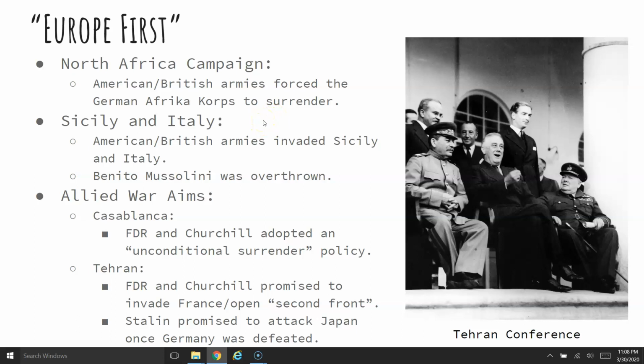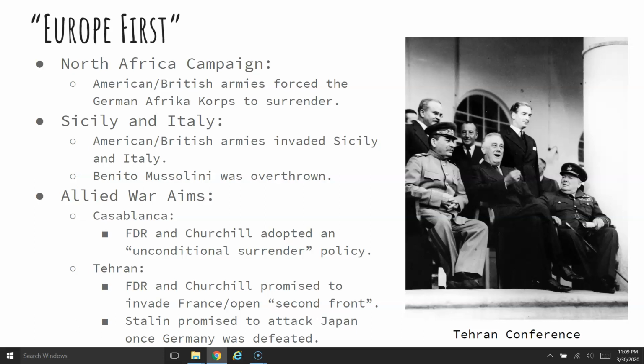If you've ever looked at a map of the Mediterranean Sea, you'll notice Italy looks like the boot and Sicily is the football that it's kicking. So in 1943, American and British forces launch a joint invasion, first of Sicily and then of Italy. And they slowly make their way up the Italian boot, and eventually the dictatorship of Benito Mussolini is actually overthrown, and he is imprisoned by his own people.